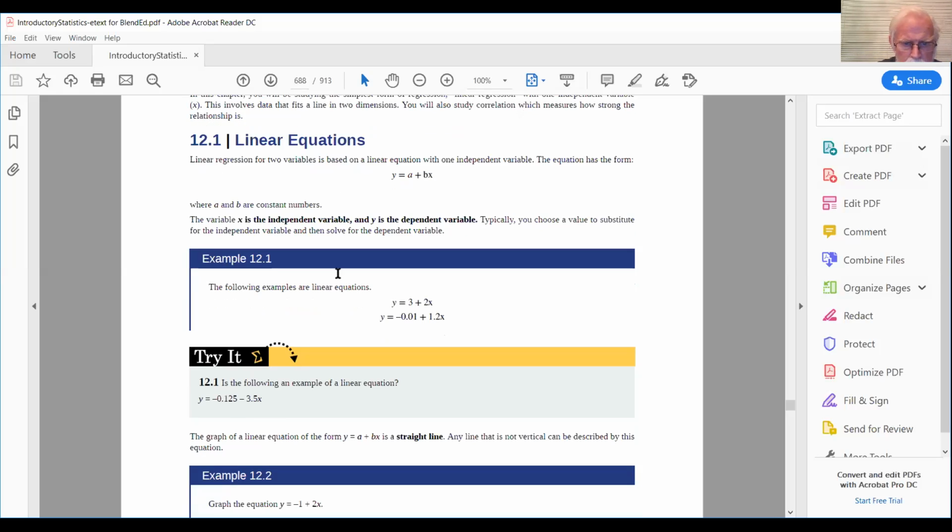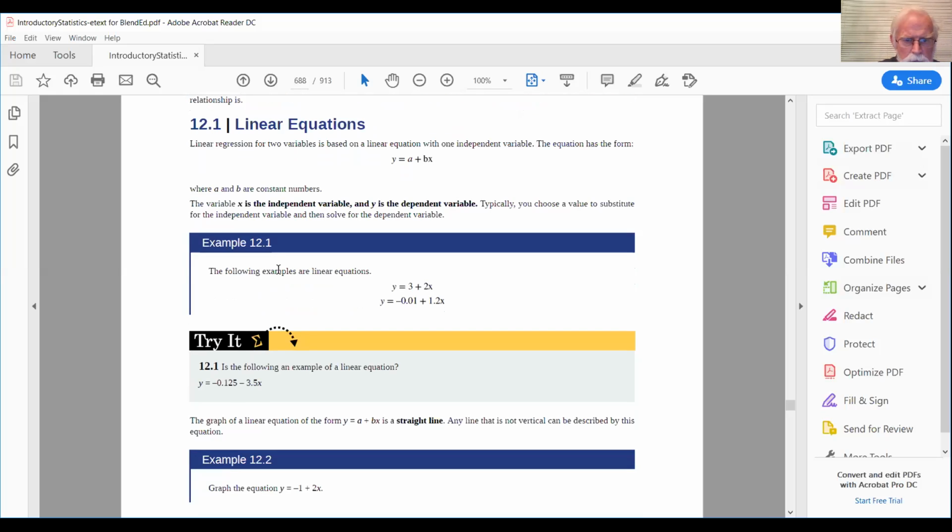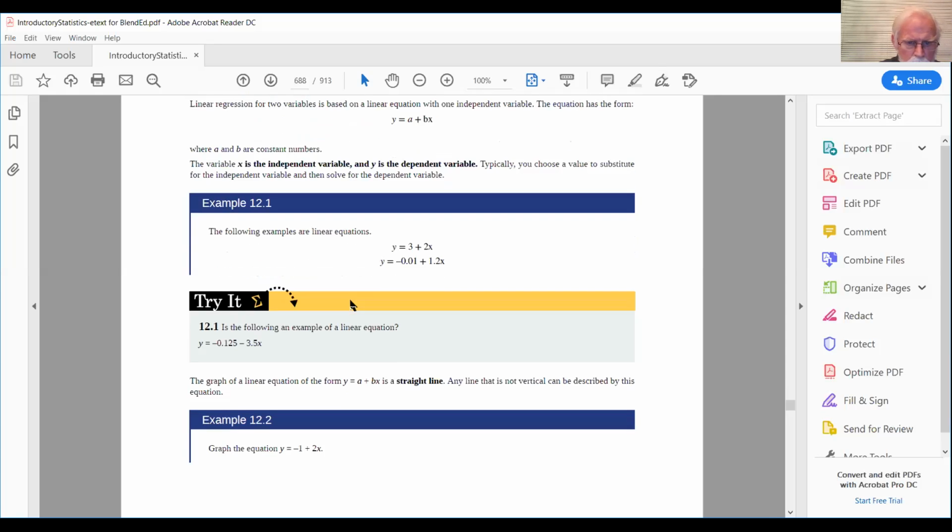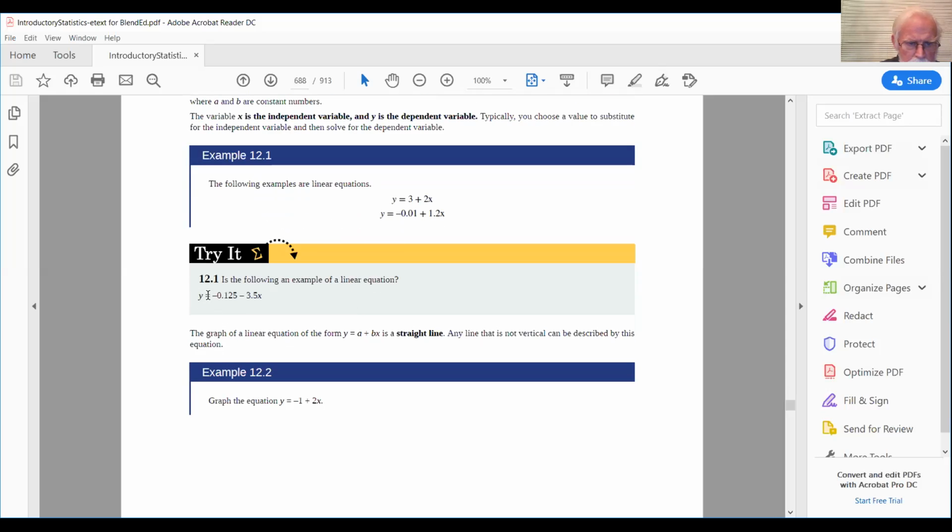So any linear equation has a numerical value followed by a variable term that has an x in it. Okay, so this other example here is indeed a linear equation.